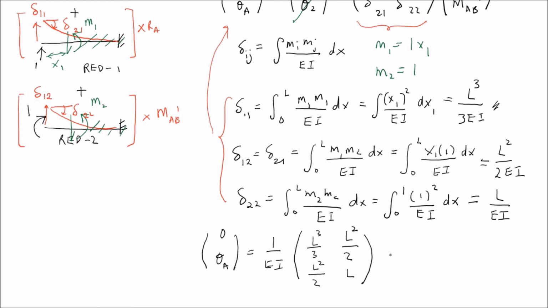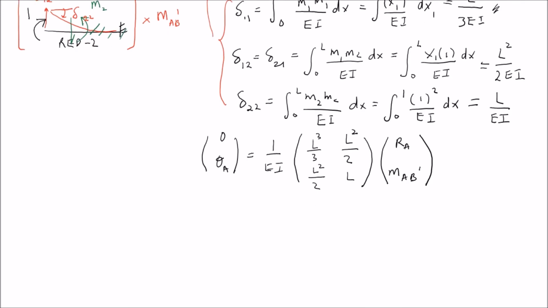Then multiply by RA and MAB prime. Solving this, all of this, you will get MAB prime equals to 4EI over L. Hopefully you can solve it.